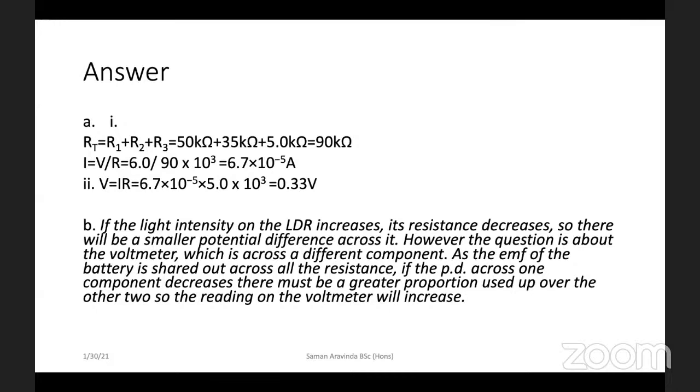As the EMF of the battery is shared out across all the resistance, if the potential difference across one component decreases, there must be a greater proportion used up over the other two.